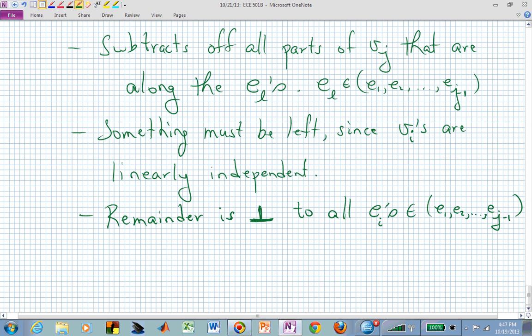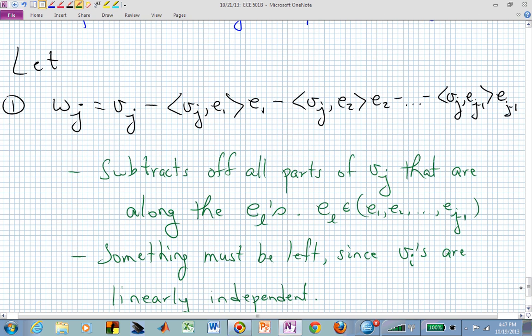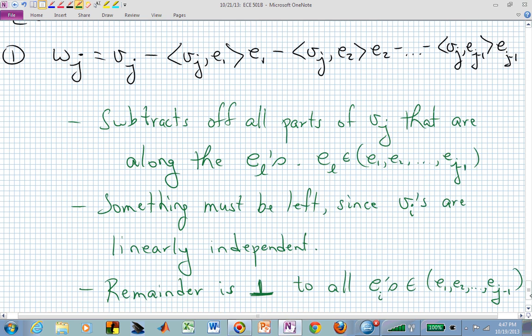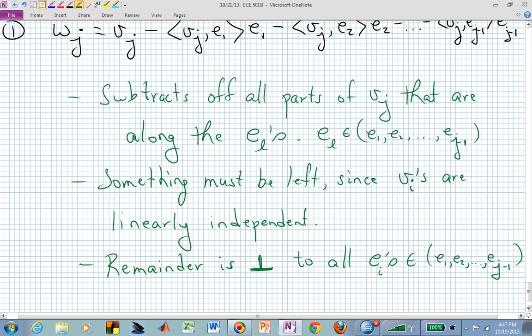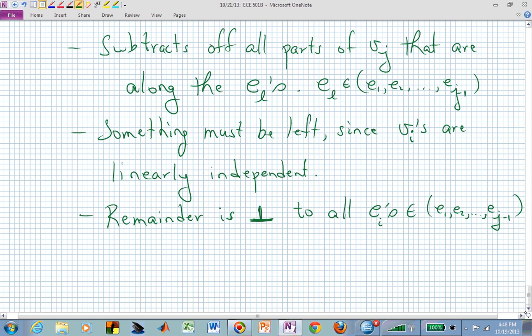So now we've created a new vector, W sub j, that only has left as a part of it a component that's orthogonal to all the previous orthonormal vectors E1 through E sub j minus 1. That W sub j, though, we're not guaranteed is going to have the length that we want.